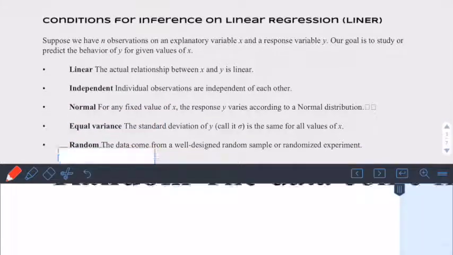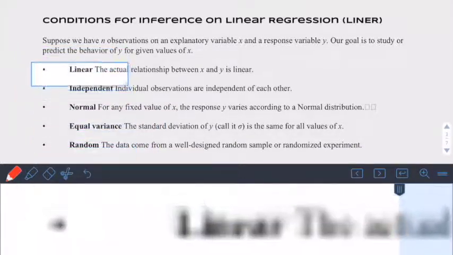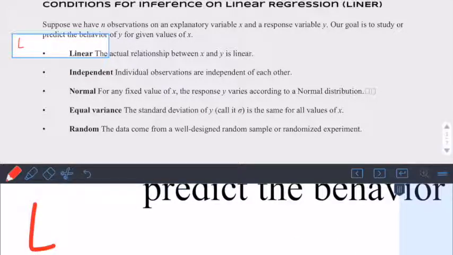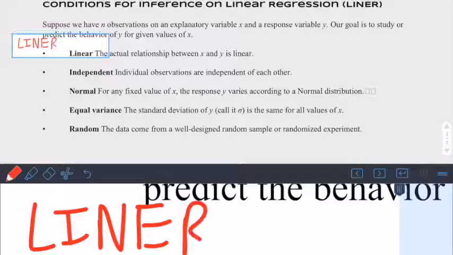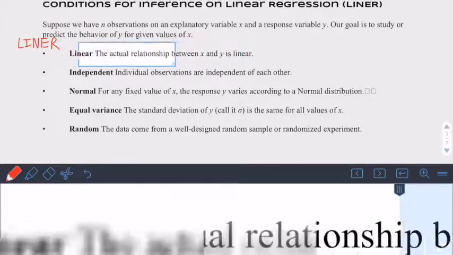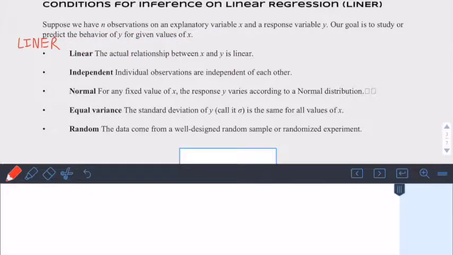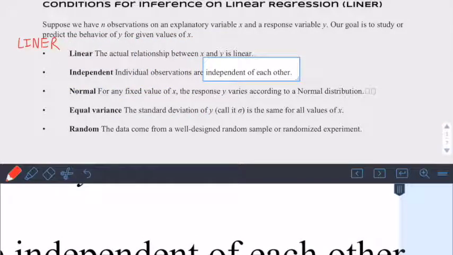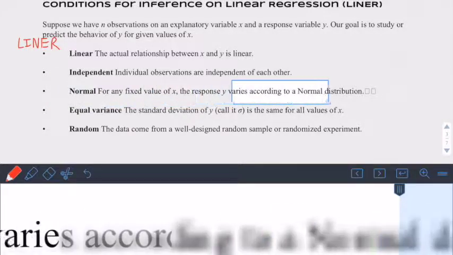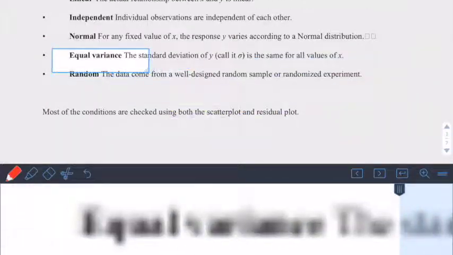So the conditions, there's a few more conditions. This is our last acronym, and it's LINER. So linear, we need a linear relationship between x and y. We need independent, right? That one's the same. We need a normal sampling distribution. We need equal variance.